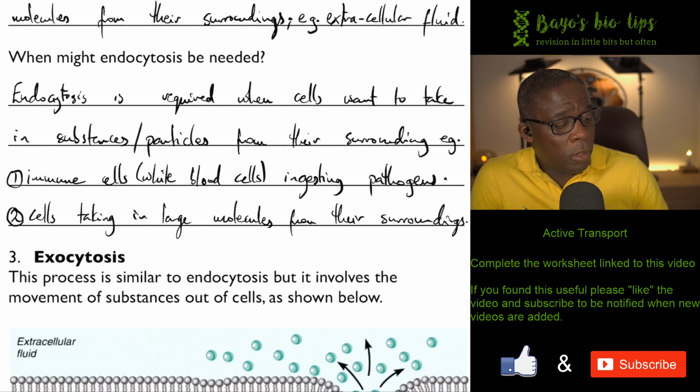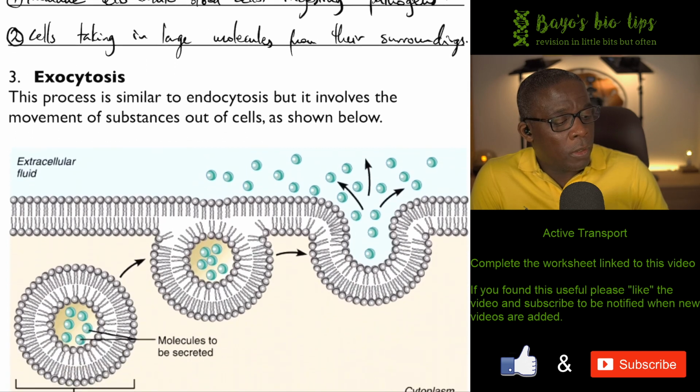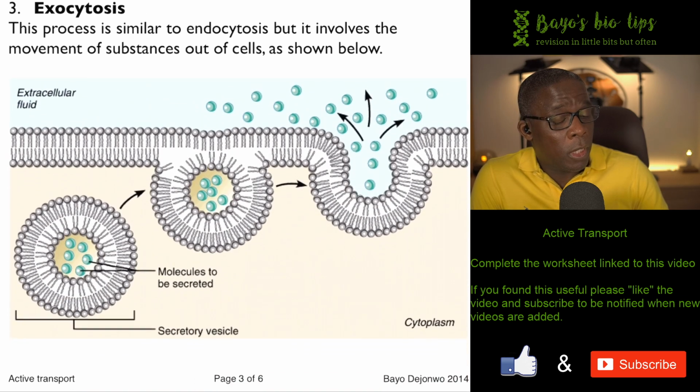Okay, so let's look at the opposite of endocytosis, something called exocytosis, like exit. In exocytosis, the particles or molecules are moving out of the cell. It's very similar to endocytosis, except the particles or molecules are moving in the opposite direction. If you look at the diagram, that shows that quite nicely.